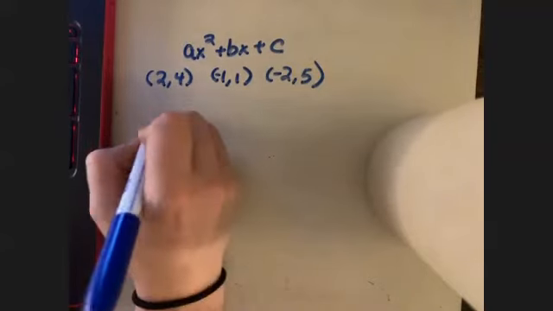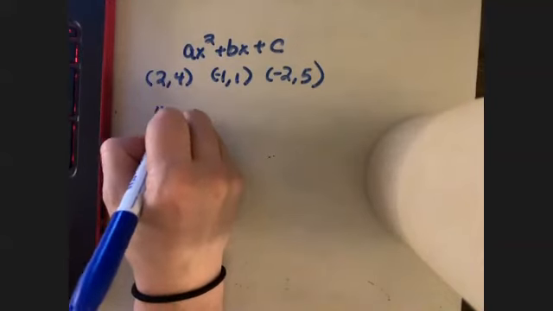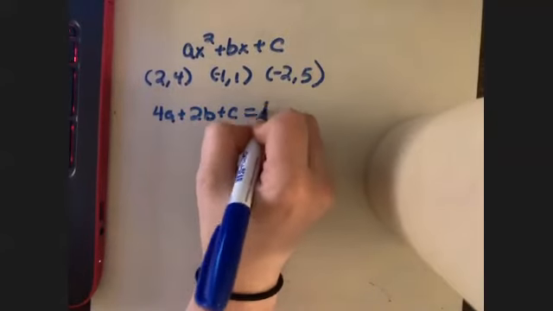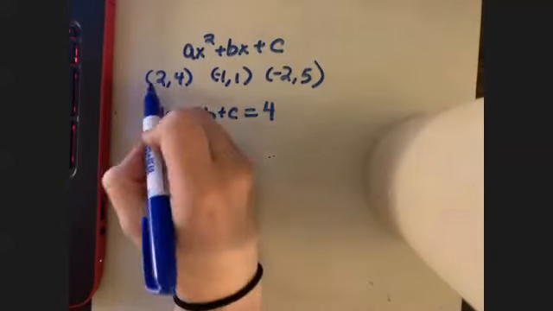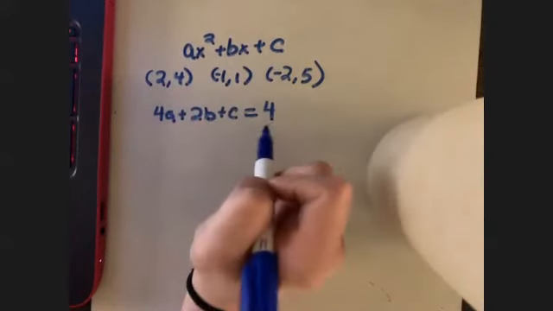So if I create this, I'm going to have 2 squared is 4. So I have 4a plus 2b plus c equals 4. So I plugged in 2 for x. So I did 2 squared is 4, 2, and then I didn't have anything, and my answer is 4.